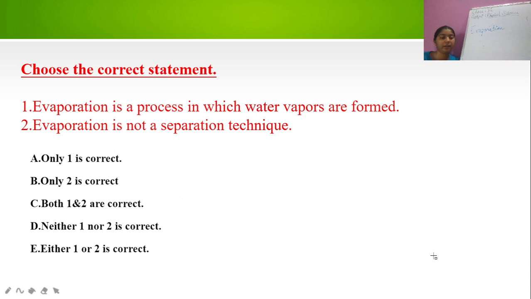But the statement that evaporation is not a separation technique is false, because we know that it is a separation technique. We just separate the water from the salt, as salt is left behind after separation, right? So this is a wrong statement. So that means only one is correct for this question. Okay, students, so please check your answer, those who have given it, and check whether you have given the correct answer or not.